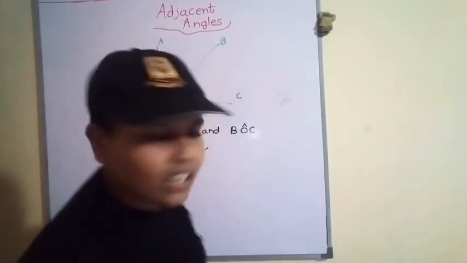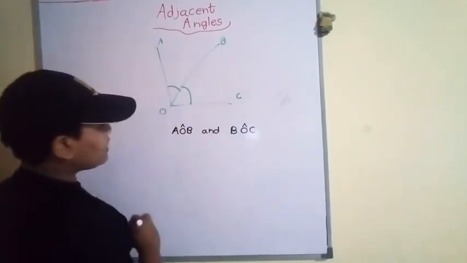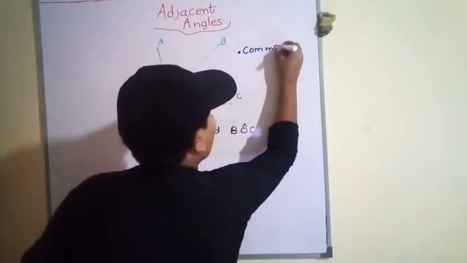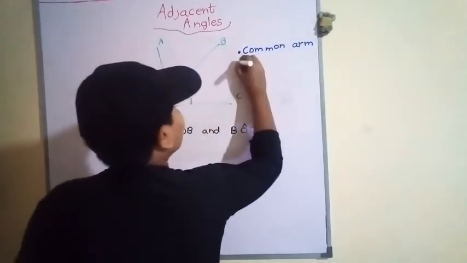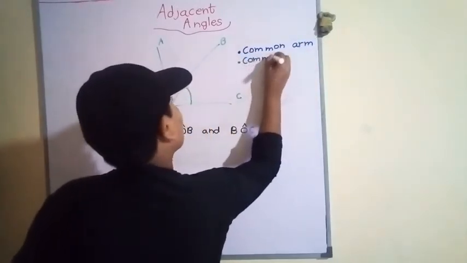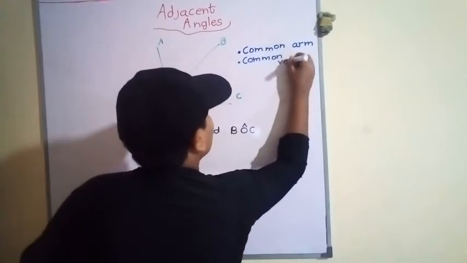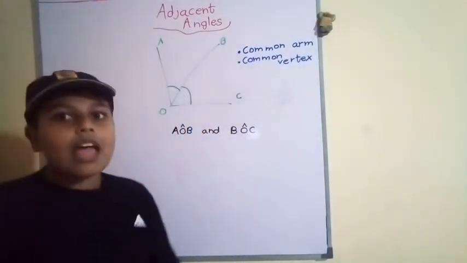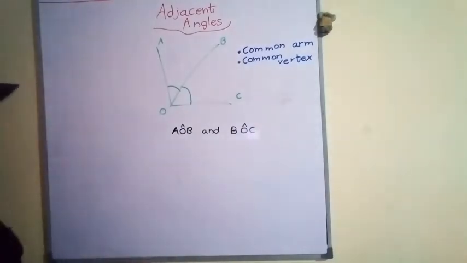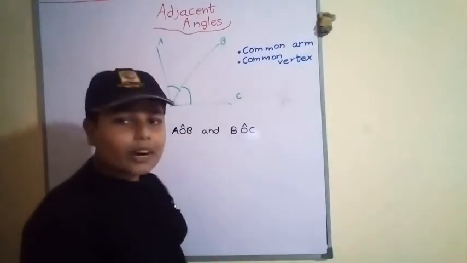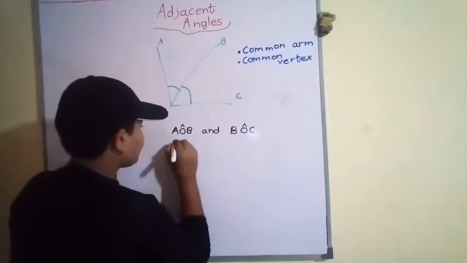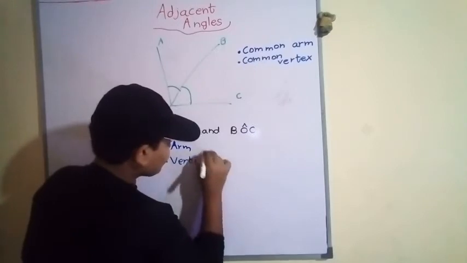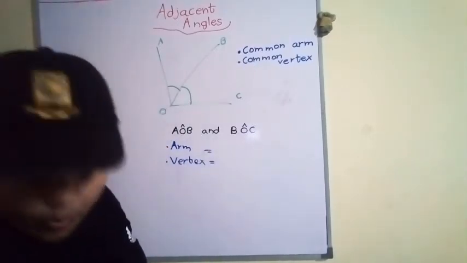Now, there are two properties: common arm, and what is the next one? Common vertex, right? These are the two properties that adjacent angles have: common arm and common vertex. Now what is the common arm of this?